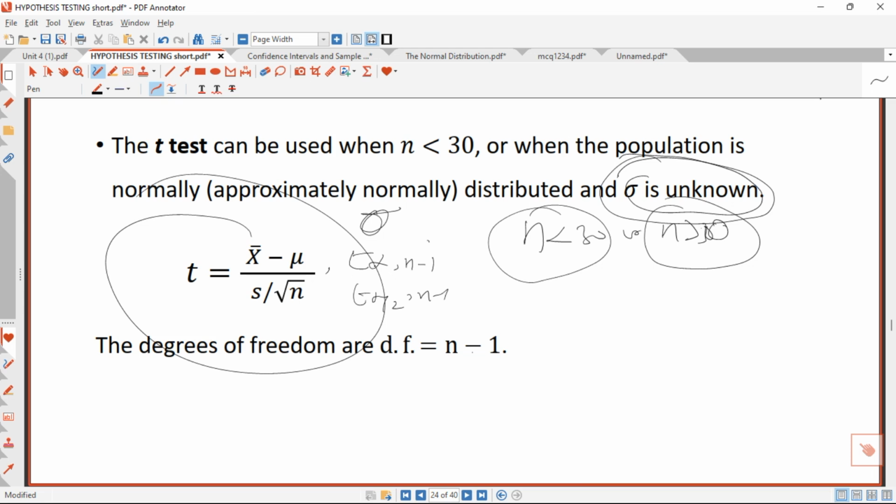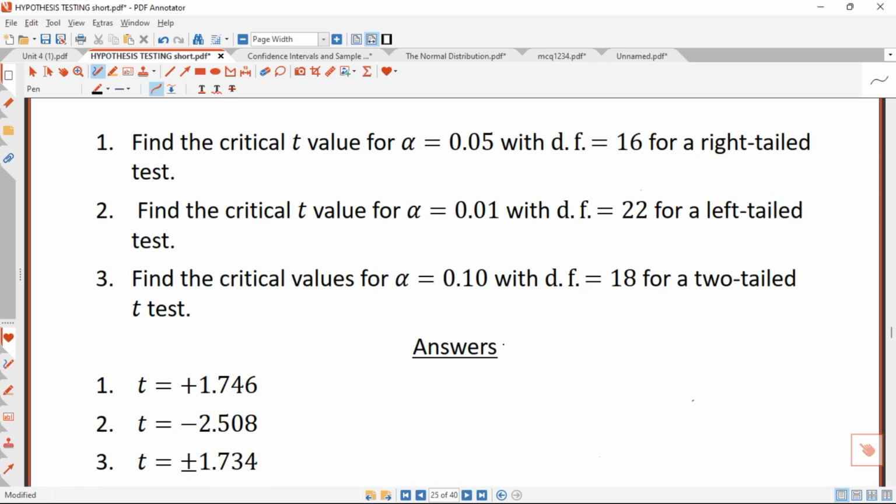We use t subscript alpha comma n minus 1 for a one tail test, and t subscript alpha divided by 2 comma n minus 1 for a two tail test. The n minus 1 is called the degrees of freedom. We just subtract 1 from the number of observations that we have.